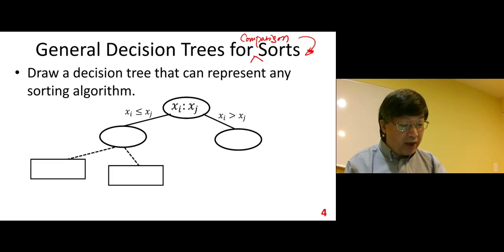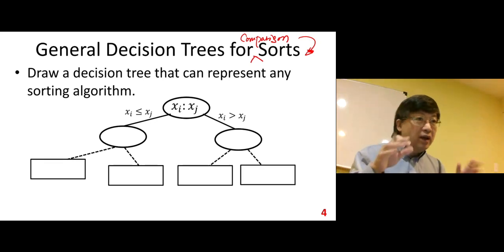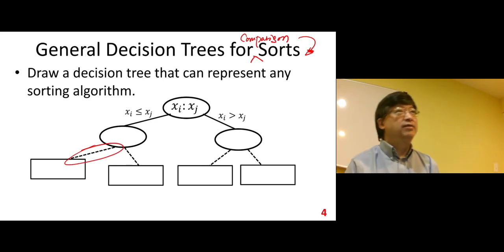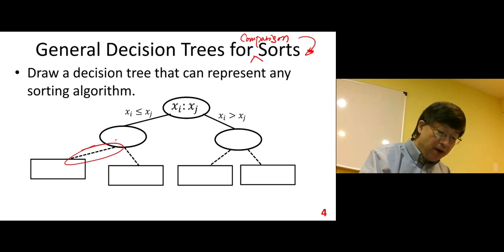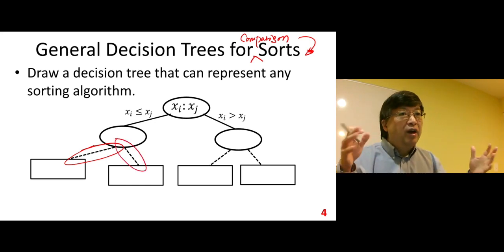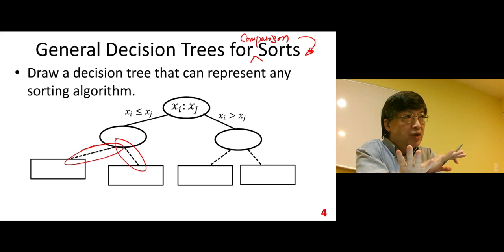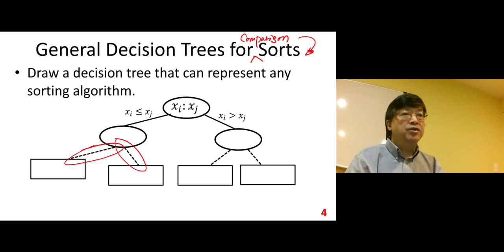Each one gives two outcomes, and so on. Eventually we get an outcome. The dot dot dot line represents a long path containing many comparisons. Eventually we get to the leaf, where we have enough information to sort the whole array. So this is a typical general decision tree for a general comparison sort.